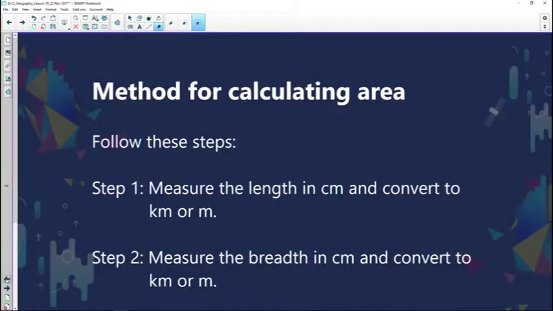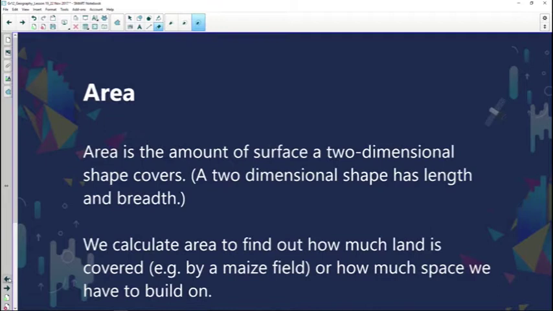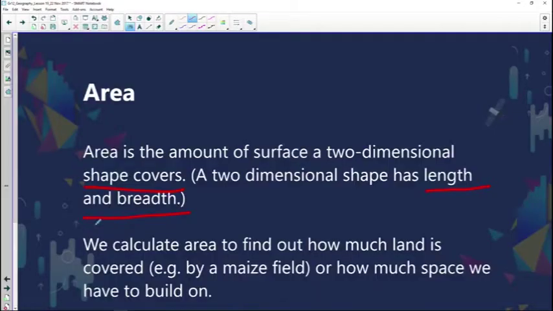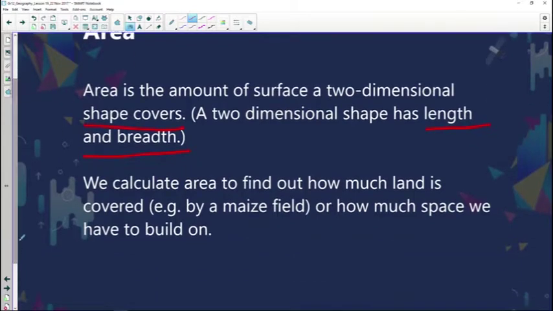Now, if you quickly look at area, it is the amount of surface a two-dimensional shape covers. You've done area before in mathematics, and the formula is length times breadth. We calculate it to find out how much land is covered.